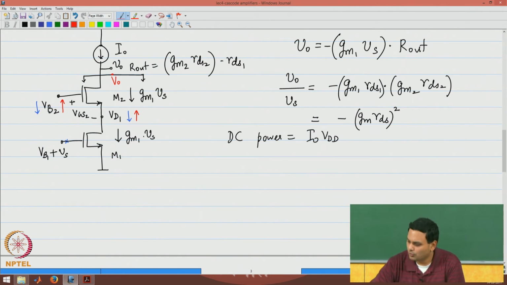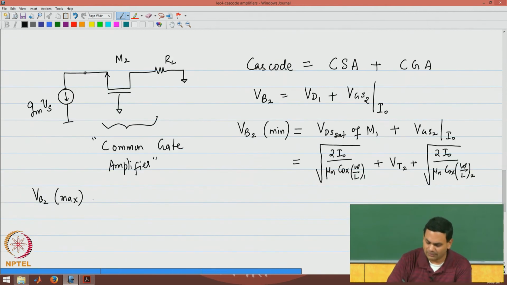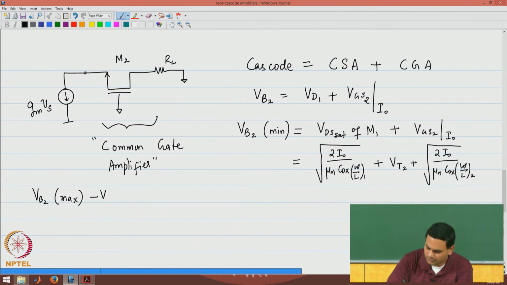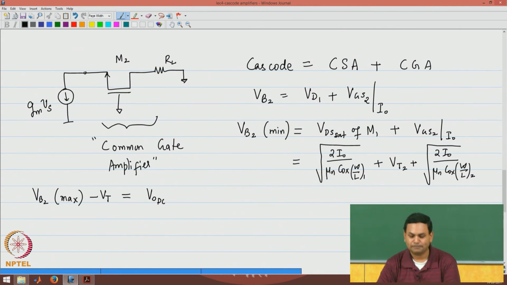That will happen when you hit the triode condition for M2, which is simply given by VB2 max minus VT equals VODC.